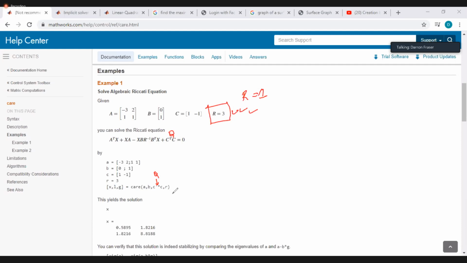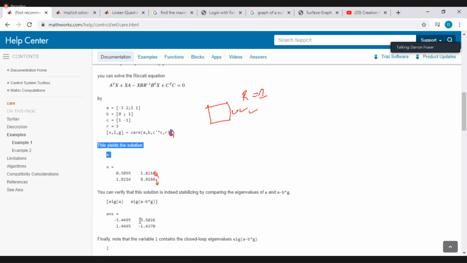And they're going to get the X, which we're not really interested in, and the eigenvalues, which we are interested in. Now, these are the two types of eigenvalues. It gives the eigenvalues of the system.